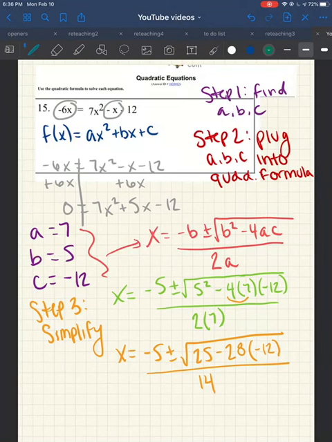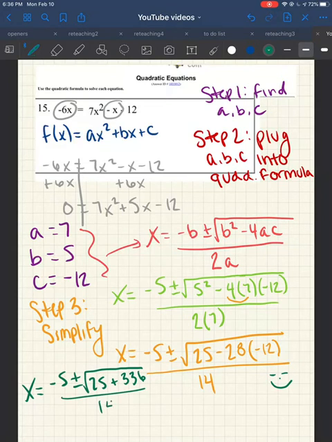So I have x equals negative 5 plus or minus the square root of 25 plus negative 28 times negative 12. Negative 28 times negative 12 will be 336. So that's going to be a positive, because negative times a negative is positive.